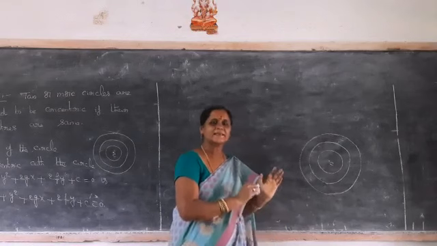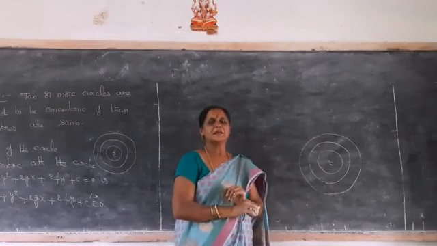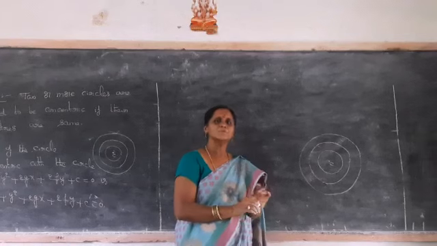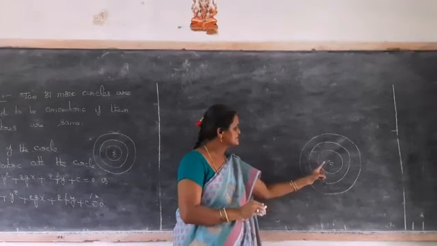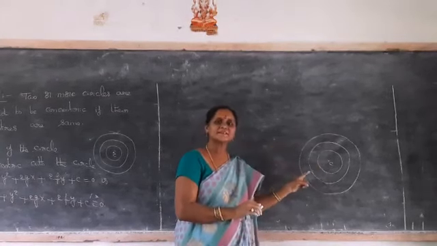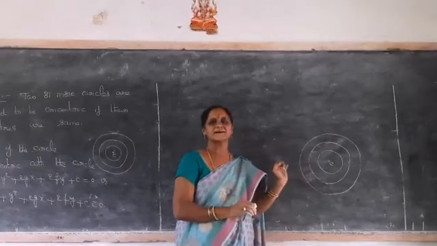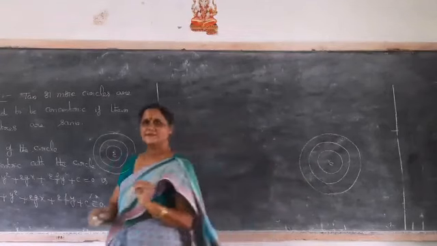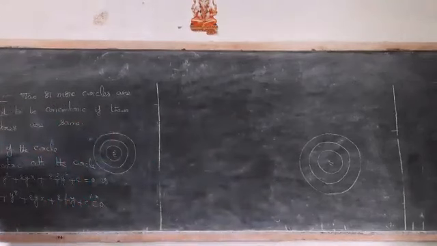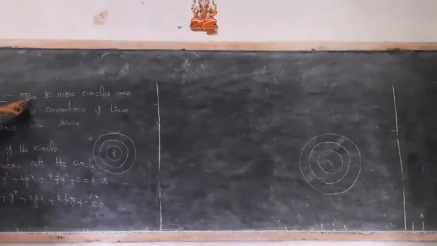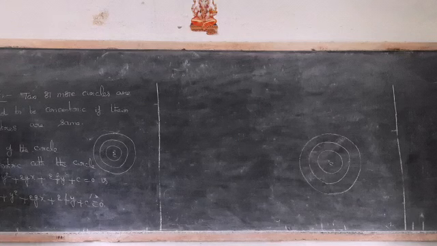That is, here we got one definition. If two or more circles have the same center, then we say that those circles are concentric circles. So I have written that definition. Two or more circles are said to be concentric if their centers are same.